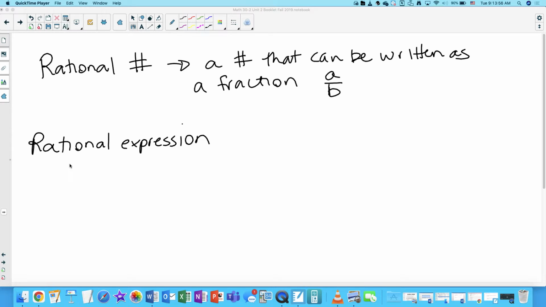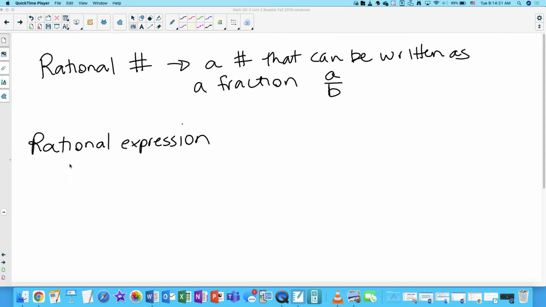Yes, so think of something with algebra, right? Variables are involved, but there's no equal sign. So think like 2x plus 1 is an algebraic expression. There's lots of different examples, but it doesn't have an equal sign. That's exactly it. A rational expression, think rational means fraction, expression means algebra.